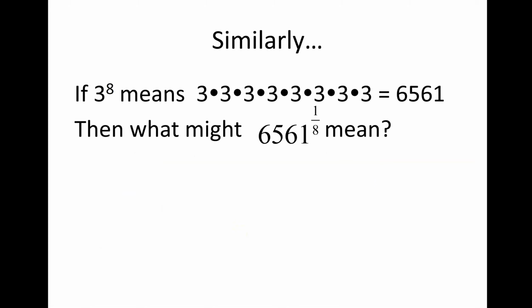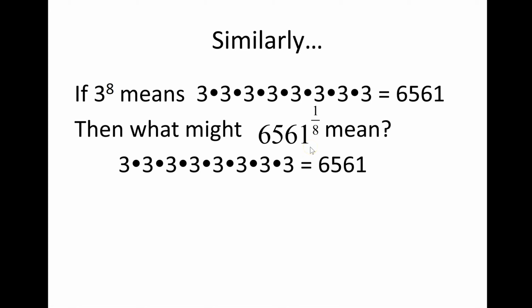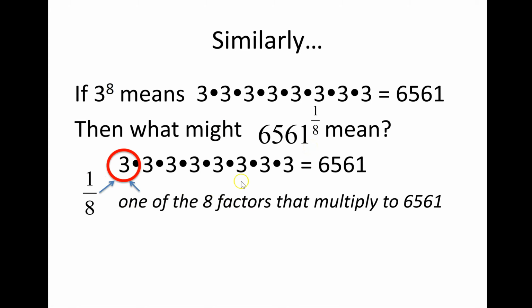Similarly, when we start thinking about fractions in the exponent spot, it has a similar idea. Now we know that 3 to the 8th power is 3 times itself 8 times. So if I want to take a 1/8 power, it has a similar meaning. It means 1 of the 8 factors.